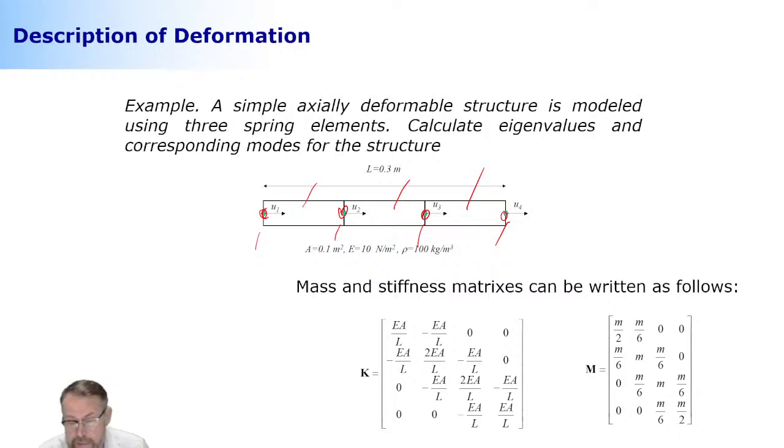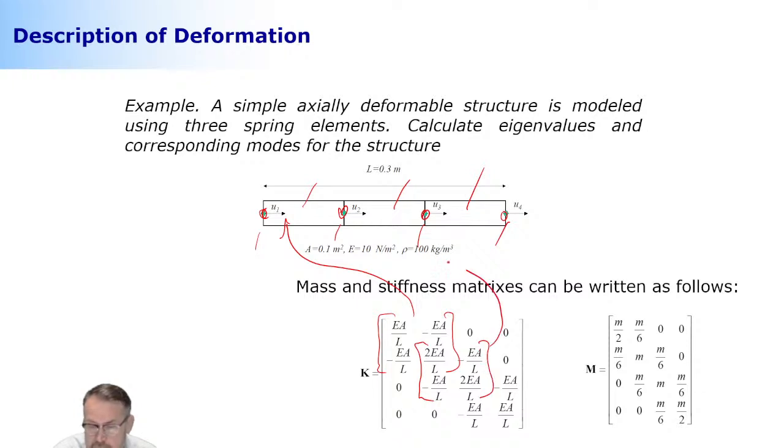So what I'm going to do is first construct the stiffness matrix describing this entire structure. This is something we have not discussed, but you can describe that by overlapping the stiffness elements and mass elements in such a way that this one here is associated with the first element, this one here with the second, and the one here with the third.